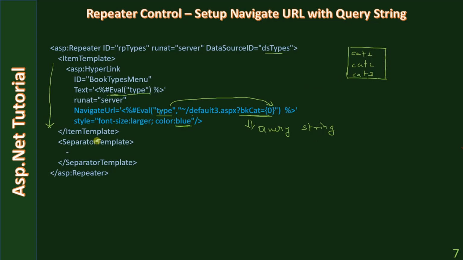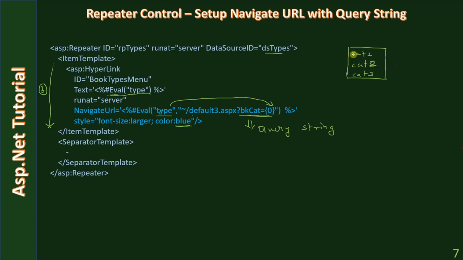So using the separator template, these are all displayed as cat1 cat2 cat3, right? And when we are forming this link, this is the item template. If the data source is giving 3 pieces of information, then we are forming 3 horizontal menu items. For each menu, we are setting the navigate URL, right?